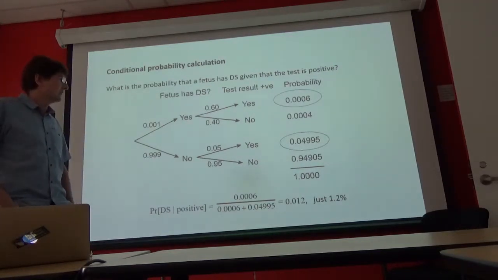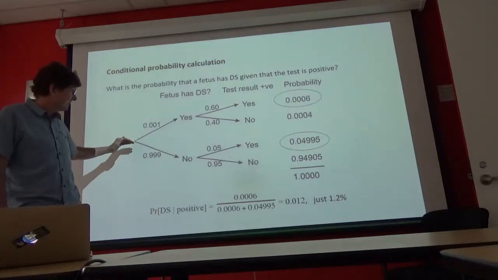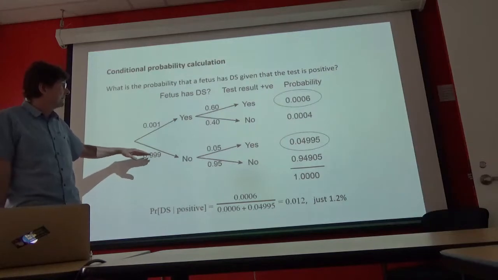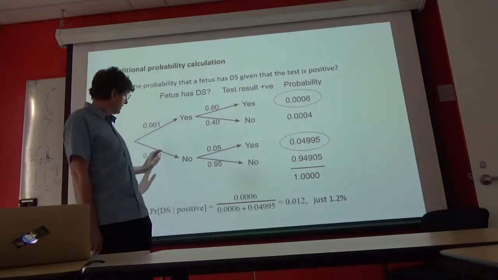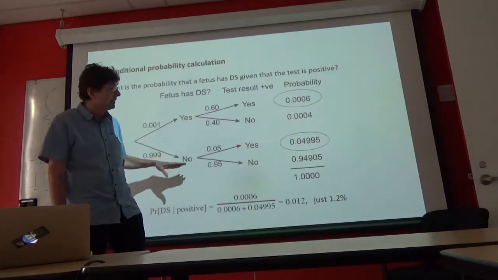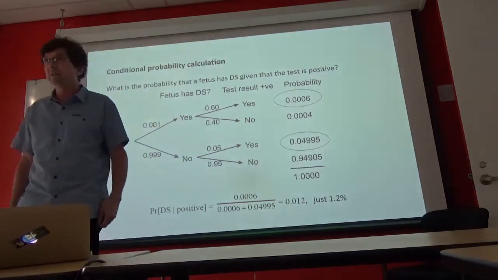You think, well, that's really weird, but it results from exactly what Shahab pointed out in his part of the presentation, and that is the reason this probability is so small is that Down syndrome is so rare. And as a consequence of Down syndrome being so rare, even though this test is relatively accurate, most of the positives are false in the population that we looked at.